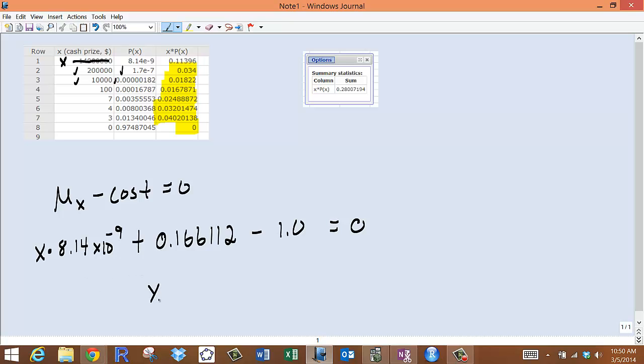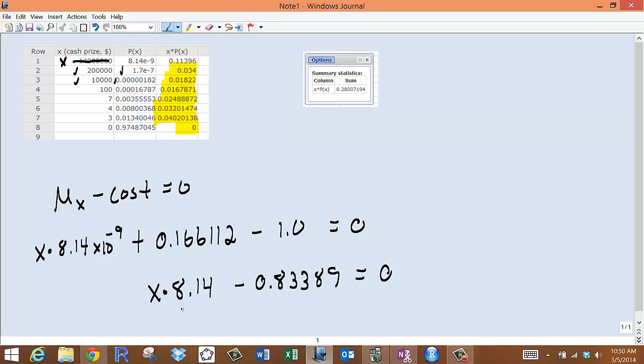So we get x times 8.14 times 10 to the minus 9, and then we're going to do the arithmetic here. So 0.166112 minus $1 gives us minus 0.83389, equal to 0.